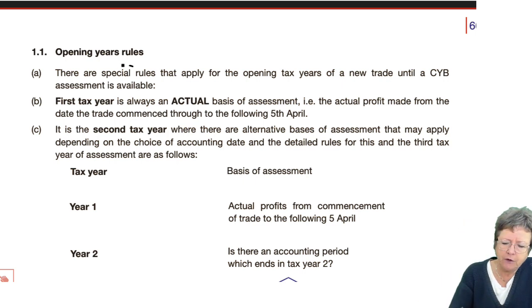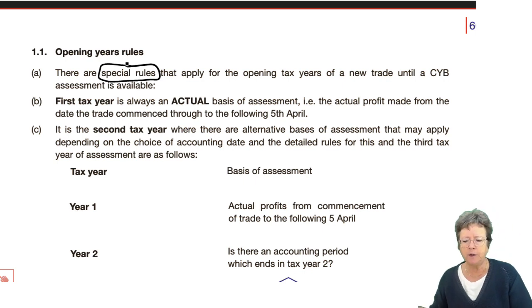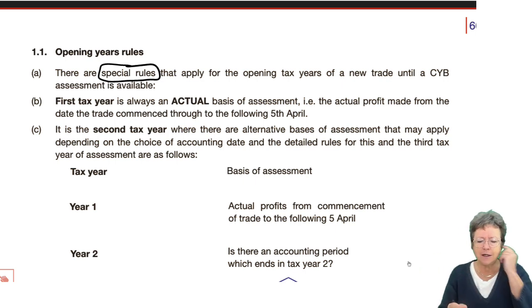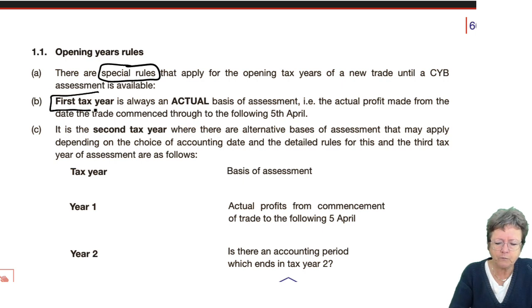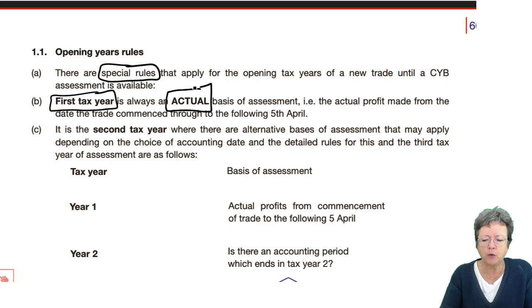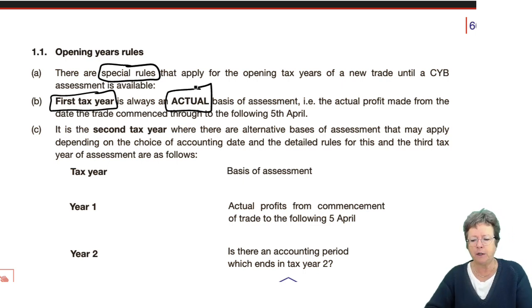Okay, so these are special rules that apply in the opening tax years of trade, where there is a new trade, until a current year basis assessment is available, because that's what we're aiming for. Now, the first tax year, so that's the first year in which somebody is trading and needs to complete an income tax computation, is worked out on an actual basis, what actually happened in that period of time.